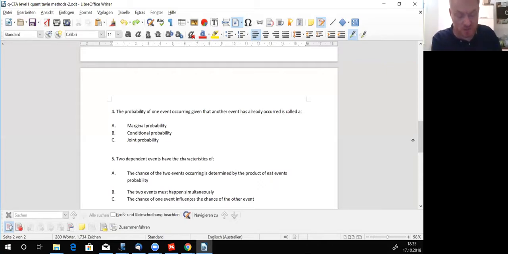So B is right, C is wrong, and a marginal probability is just a synonym. It's a synonym for an unconditional probability. So A is an unconditional probability and of course wrong, B is right, and C has to be wrong.